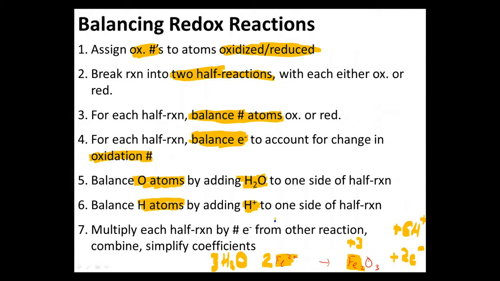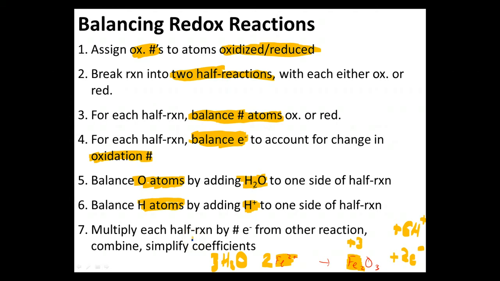So if this reaction here is going to be with 2 electrons and my other reaction had 3 electrons, obviously I've got to get to a point where I'm at the common number of 6 electrons. So I'm going to multiply this entire half reaction by 3. I'll multiply the other half reaction by 2. That gets me to 6 electrons in each of the 2 half reactions.